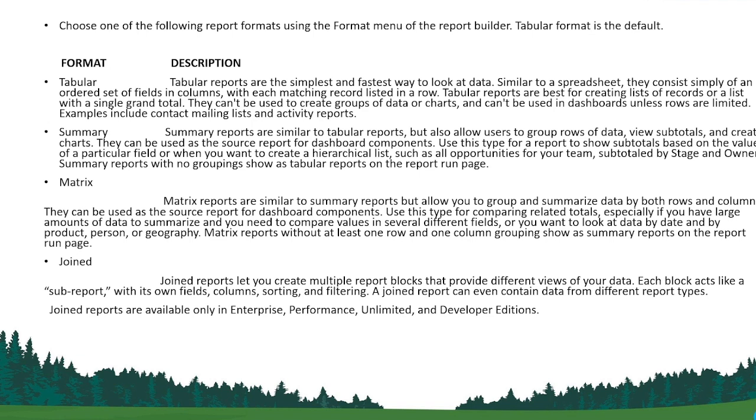You can summarize the data. You can compare the values. You can check the different field values and compare the different fields. You can also look at data by date. You can categorize the data. You can filter the data. You can check the data in a geographical format. So matrix reports access both rows and columns and group them in a particular report format.